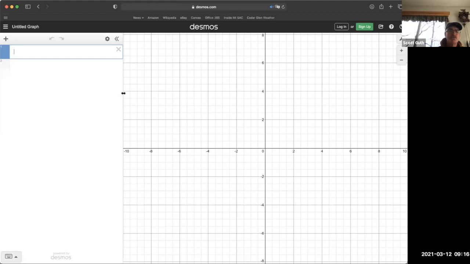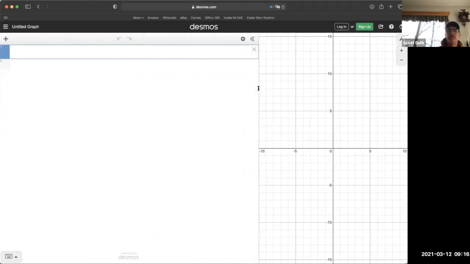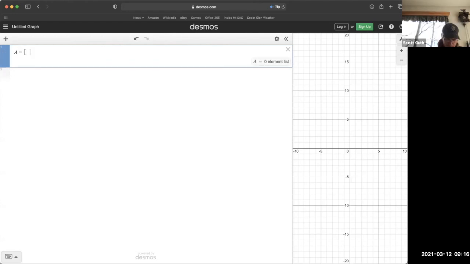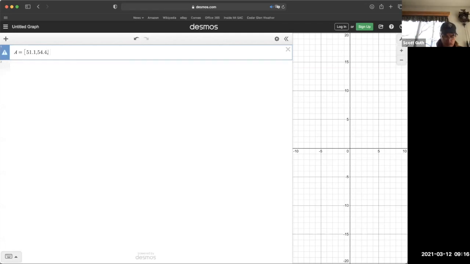I'm going to drag this over so I get lots of space here. We're not graphing anything right now. This thing does all kinds of graphs, which is super cool. You just say A equals, and it has to be in square brackets. And then just put all these numbers in. Again, the San Francisco numbers, not the St. Louis. So first one's 51.1, 54.4, and I'm just going to keep typing. I encourage you to do the same, and let me know if you have questions.